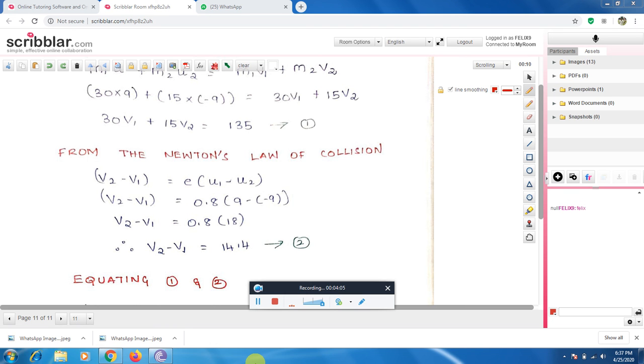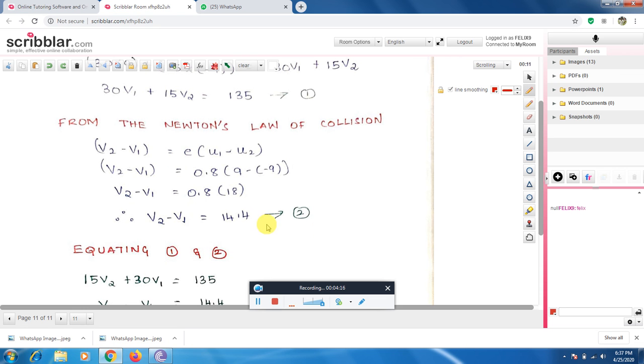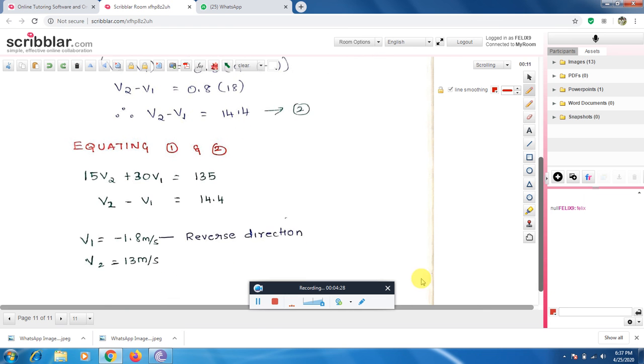If you substitute all the values, you know the values of u1 and u2 as well as the coefficient of restitution. Again you're going to get an equation. So equation 1 and equation 2, with two unknowns v1 and v2.